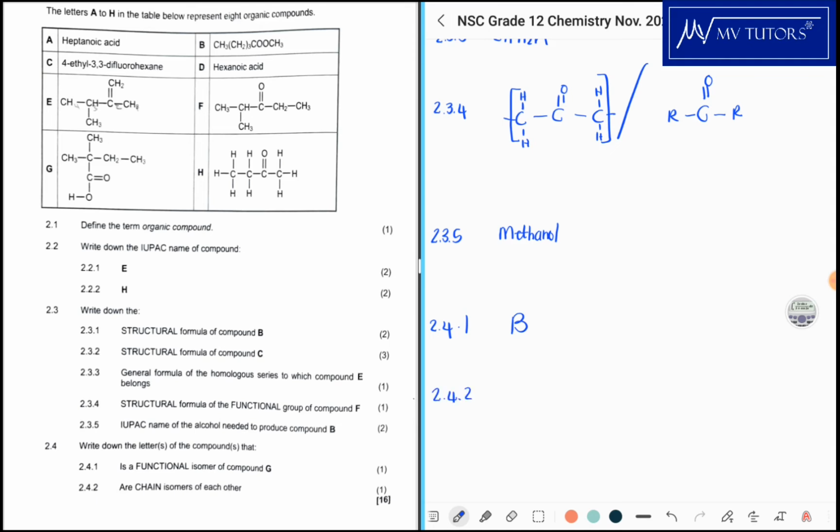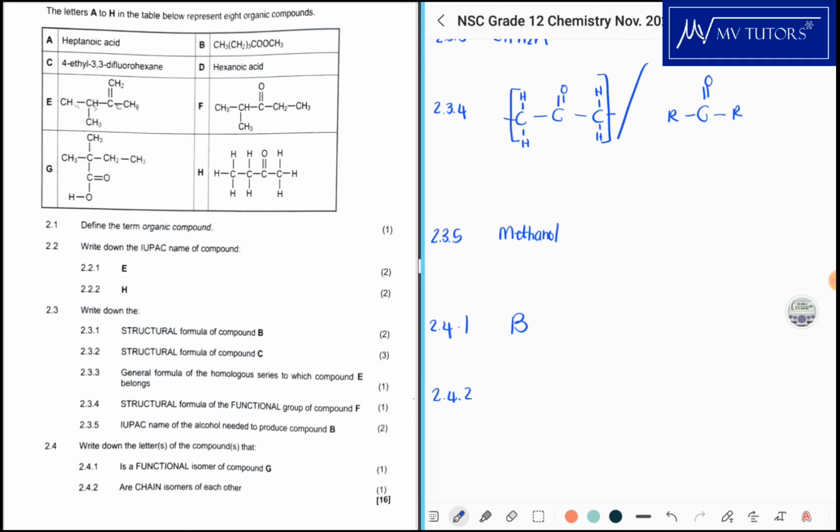And then 2.4.2, it says write down the letters or letter of the compounds or compound that are chain isomers of each other. If they are chain isomers of each other, they belong to the same functional group, but the arrangement of the atoms is different.